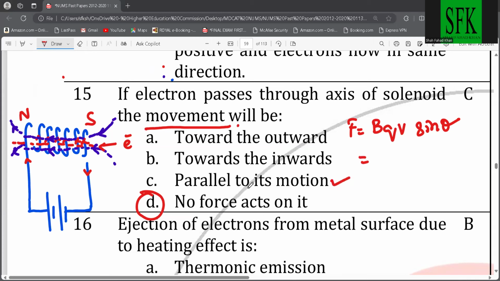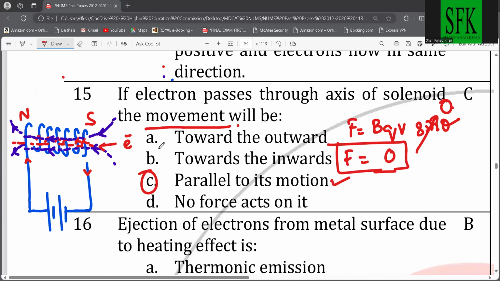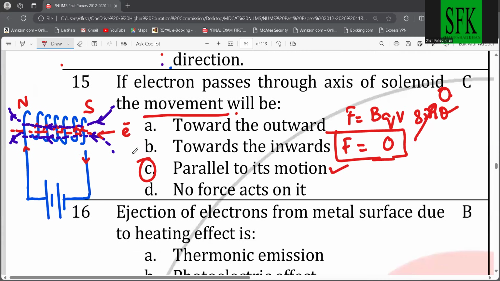I guess this is a better choice for the motion, because we do know that it is not having any force acted upon itself. The angle is going to be 0, and sine 0 will be 0 and force will be 0. Therefore, the motion is going to be uninterruptedly moving straight. So option C is correct.